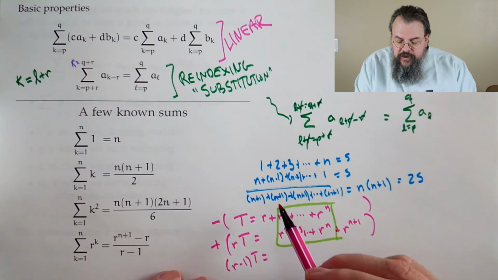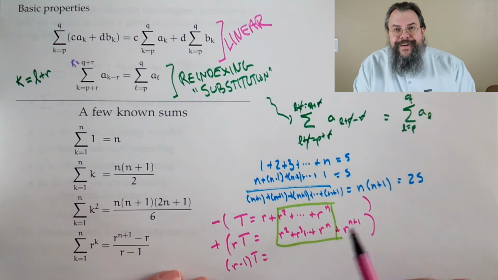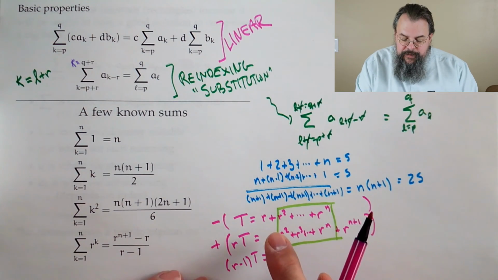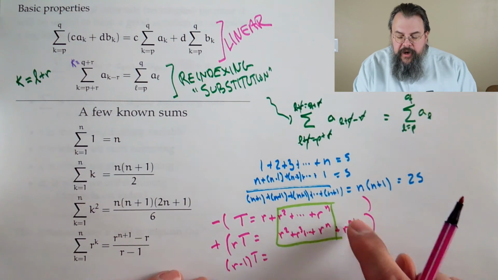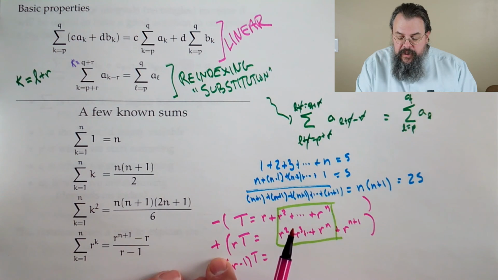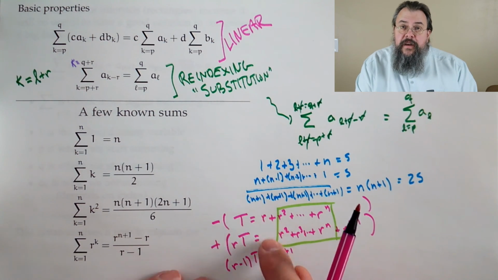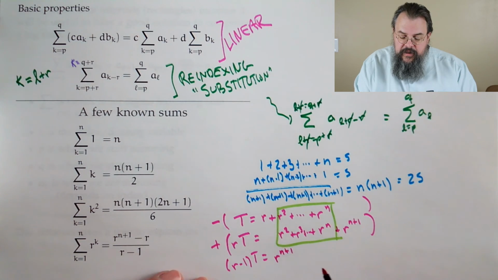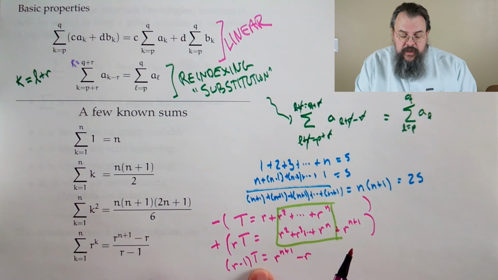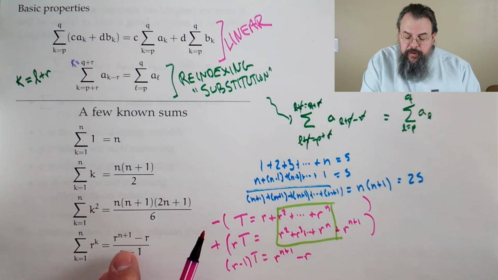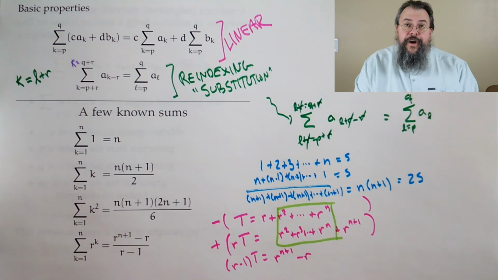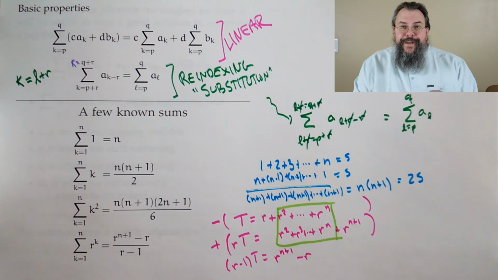And then all these terms cancel. Gone, gone, gone. Except the last term doesn't have a partner to cancel with, and that's the one being added, r to the n plus 1. And the first term didn't have something to cancel with, and that's being subtracted, minus r. And therefore, divide, and you get r to the power n plus 1 minus r, divided by r minus 1. And that's beautiful.